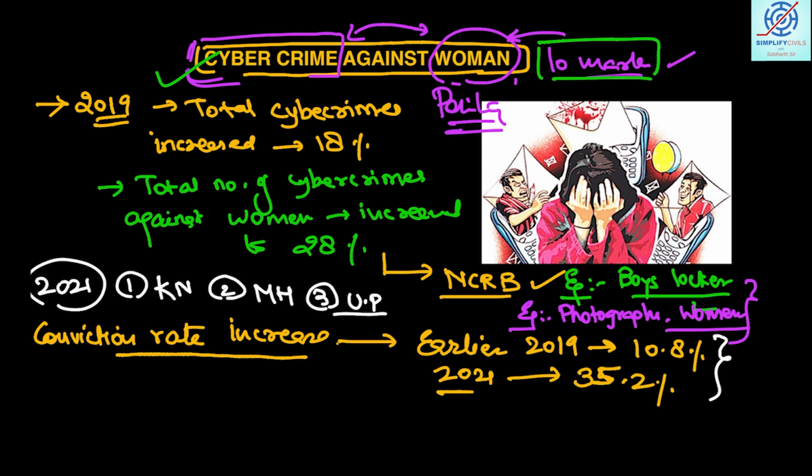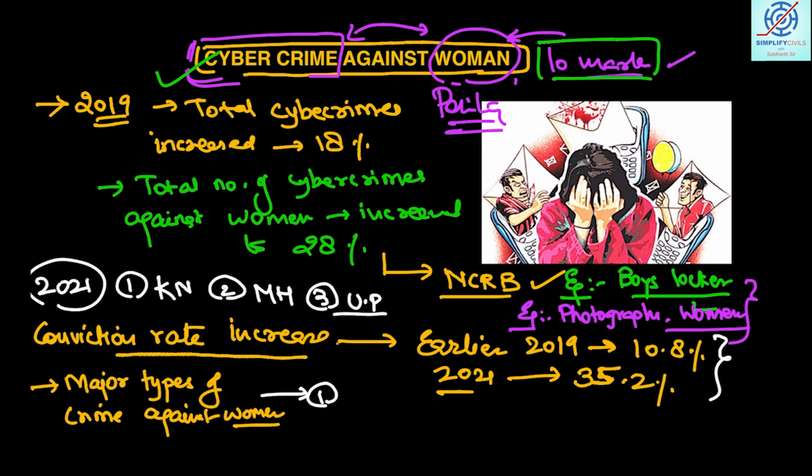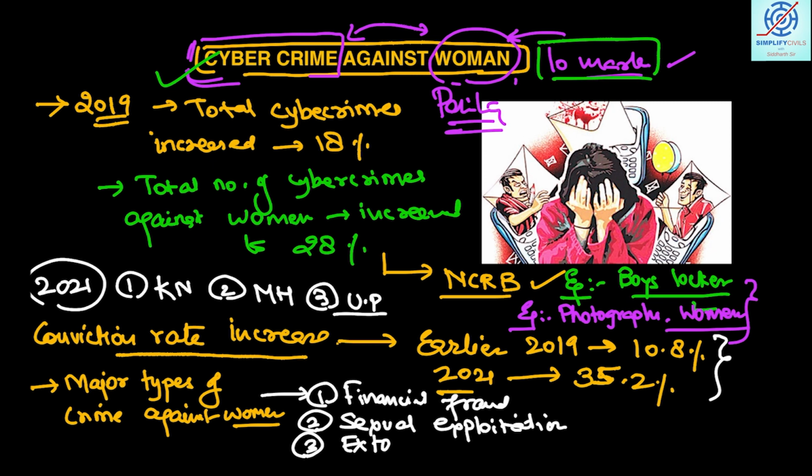And in addition to this, if we talk about major types of crime against women, again there is data where at first number it is financial frauds, at second number it is sexual exploitation, and at third number it is extortion, where blackmailing happens and money is asked from the woman.